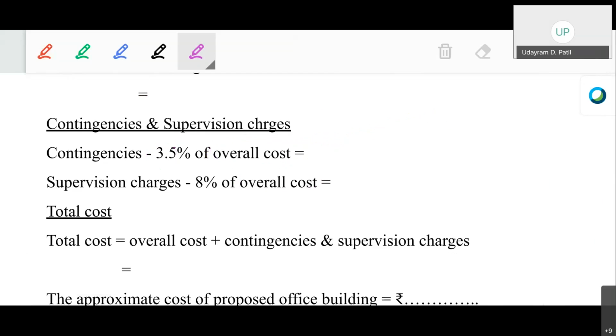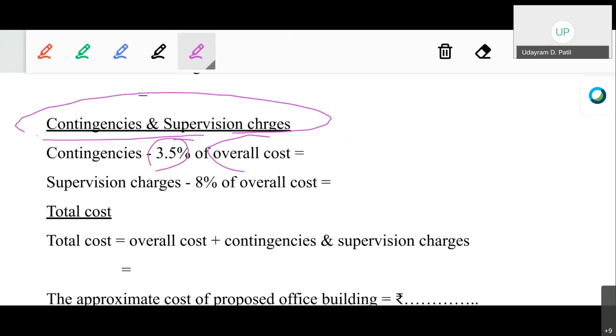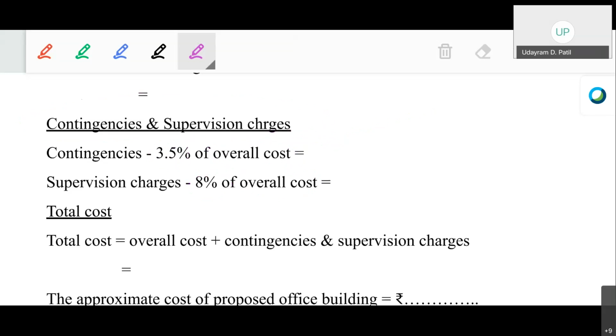Whether it is given in the numerical or not, we calculate the services on the building cost and the contingency and supervision charges on the overall cost. The contingencies and the supervision charges will be 3.5% of the overall cost and 8% of the overall cost. These are given in the numerical.